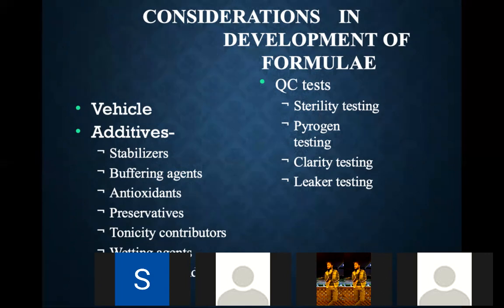You all know about these things; you may have learned them in industrial pharmacy. Is it clear? This year, have you learned about vehicle additives, stabilizers, buffers, and then QC tests, quality tests? You have the sterility test, pyrogen testing, clarity testing, leaker testing. You have to follow these also.